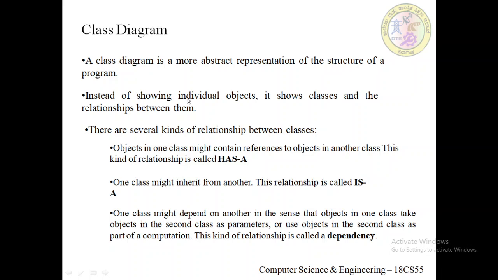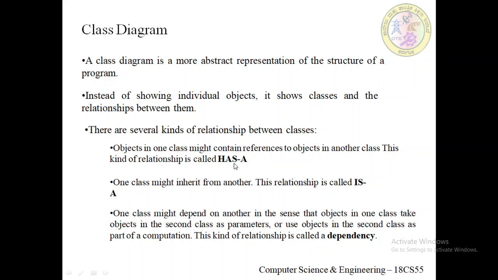Instead of showing individual objects, the class diagram shows the relationship between the classes. Based on these relationships, there are two kinds we can have.